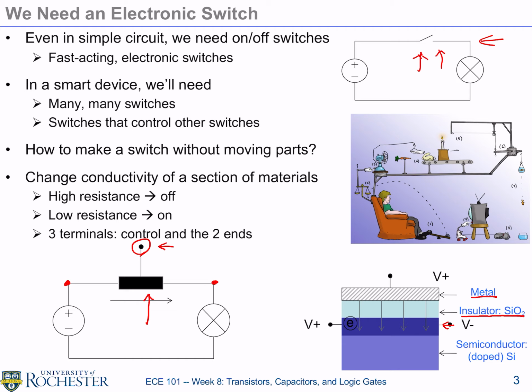And if I get rid of this high voltage, in this case, the lines disappear, the charges return to their original positions or are more equally distributed across the body. This little area under the insulator is no longer highly concentrated, and this channel, the conducting channel, disappears.